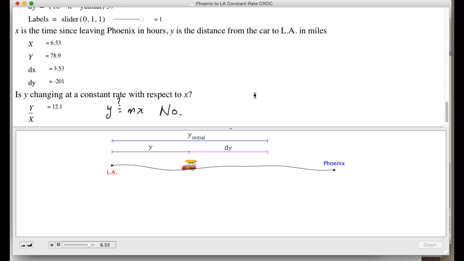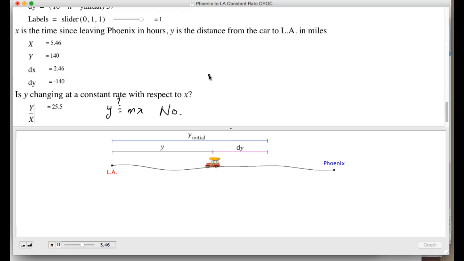So if you have some number times 0, y does not equal 0, so the statement doesn't hold. When x is 0, like if I was way back here, y would be the maximum, it wouldn't be 0. So you're arguing why this is not true, right? So y is not equal to mx.